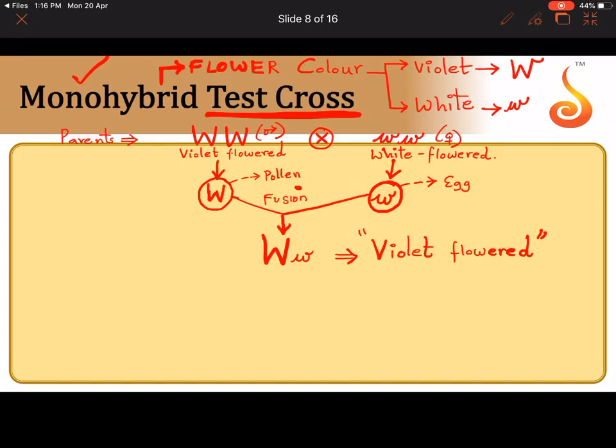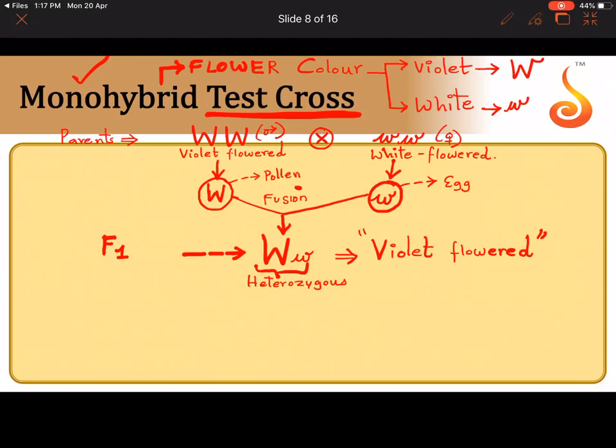Okay. Now, here I have written it on pen and paper. So you know that the violet flowered plant that we got in F1 generation is heterozygous. Because I have written it on pen and paper, you know that it is heterozygous.